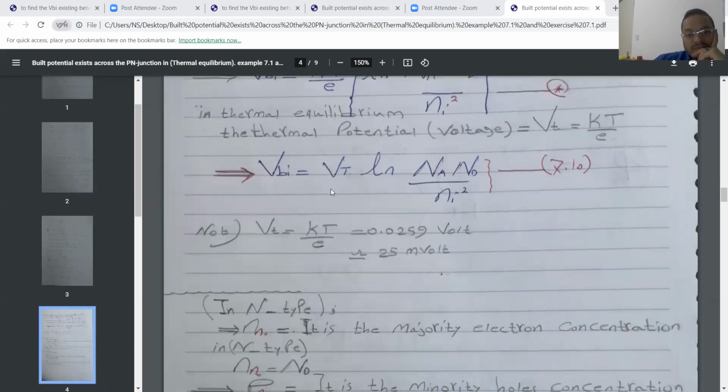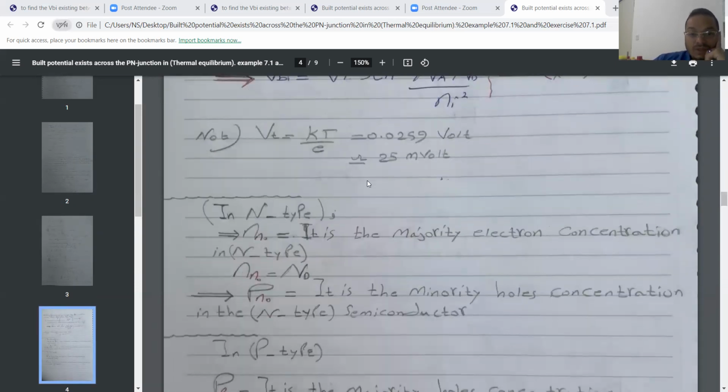Like we know, when we calculate the thermal voltage, we found the result is 0.0259 volt, or 25 millivolts. That will help us too much when calculating the questions. We will sometimes provide it. That will help us, okay?